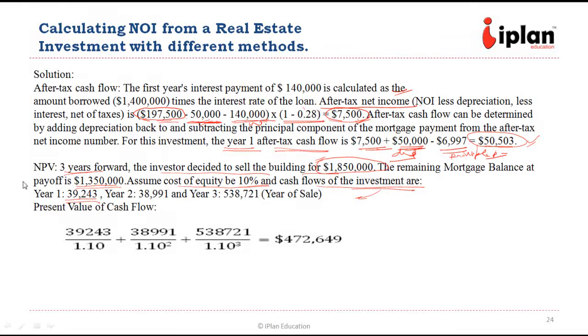So the expenses are not given. The overall cash flow is given here. So based on these three values, we can discount them at 10% and finally find out the value, which is $472,649. Now this is the value of cash flows discounted to present value, and we already know the investment or the equity was just 20% of that, which was $350,000.